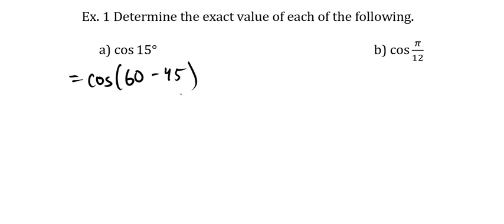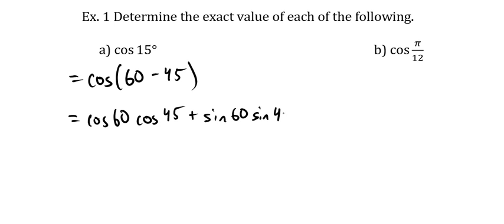So cosine of 15 would be the same as cosine of 60 minus 45. And then we can use our formula. Has anybody memorized the formula yet? So it's cos of the first, cos of the second, change the sign, sine of the first, sine of the second. Doesn't matter which order you do the first, second in, but at least for me, it's easier to structure it. What is the cosine of 60?